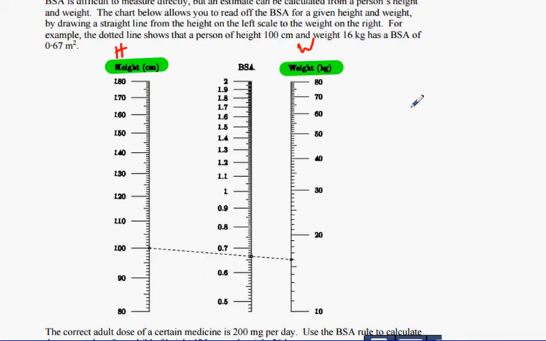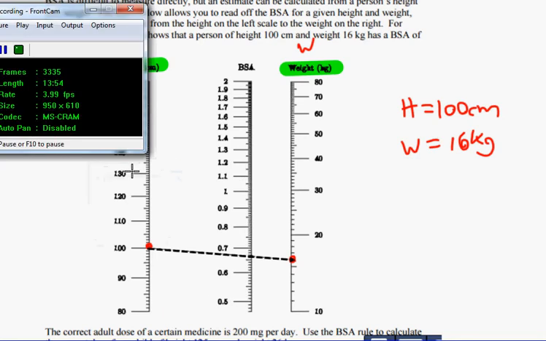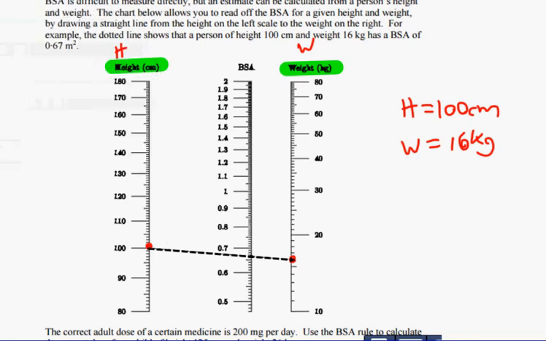So as an example, if the kid is a height of 100 centimeters and he has a weight of 16 kilograms, what you do is you draw both these points on their respective scales. Then you link them both together using a straight line. Where the straight line intersects the middle scale gives you the BSA.